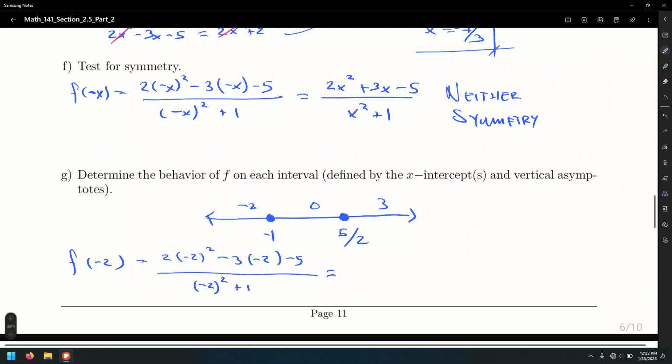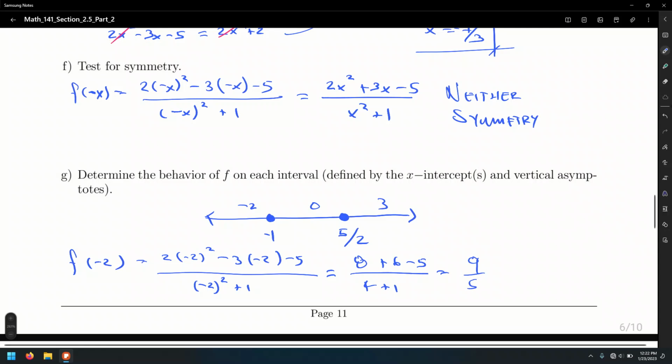Simplifying the numerator, we should get 2 times 4, that's 8, and minus -3 times 2, that's a plus 6, and -5. The denominator, that's a 4 plus 1, and that's 14 minus 5 over 5, I think that's 9/5. And yeah, that's the value I got over here.